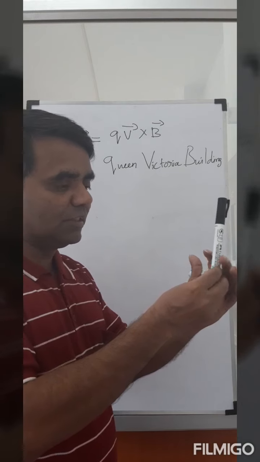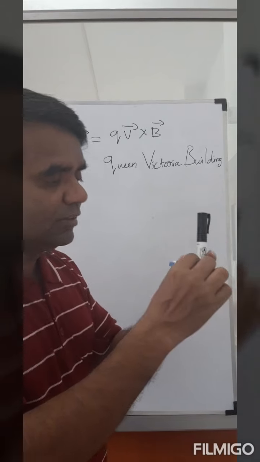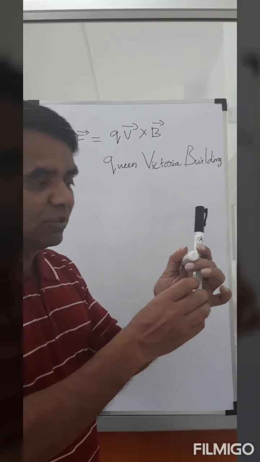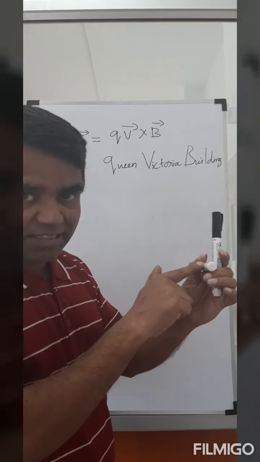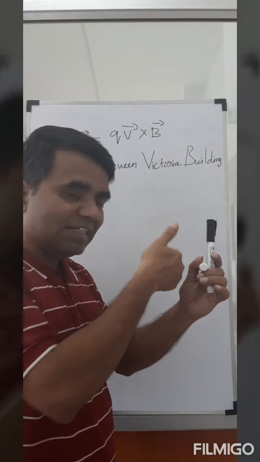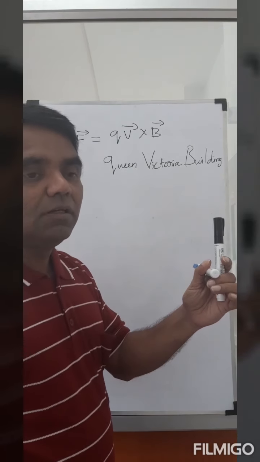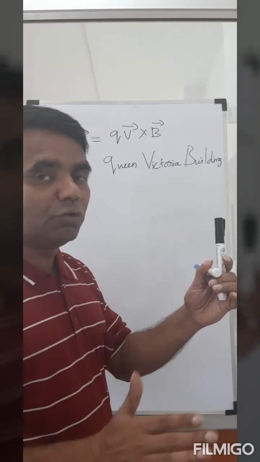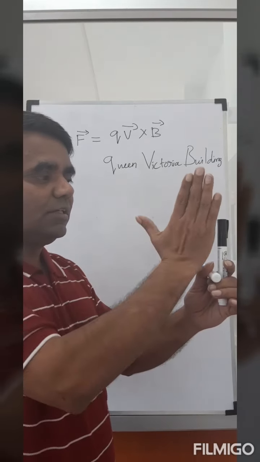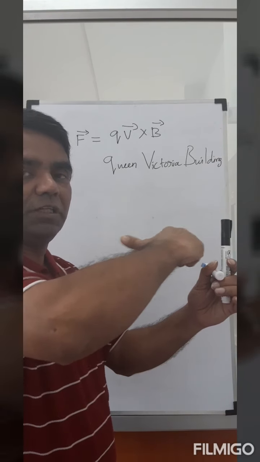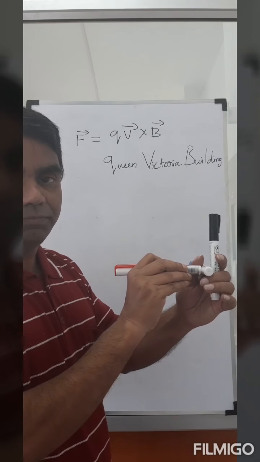So, if the angle between the two vectors is 90 degrees, I hope you understand that they are at the same point, not at two different points. At the same point, B is going into the board and V is going up. In that case, the force will have this direction because V cross B will give you this direction.